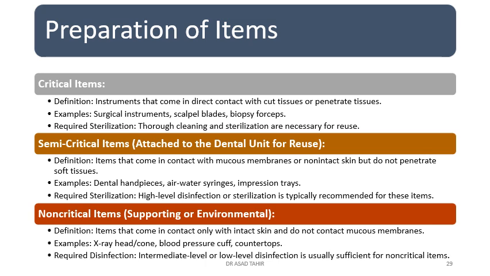Non-critical items, supporting or environmental. Definition: items that come in contact only with intact skin and do not contact mucous membranes. Examples: X-ray head/cone, blood pressure cuff, countertops. Required disinfection: intermediate level or low-level disinfection is usually sufficient for non-critical items.